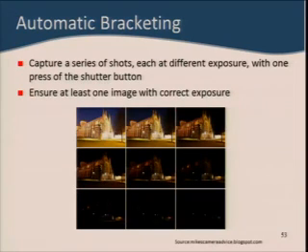Sometimes you may feel uncomfortable, because you do not know exactly what kind of exposure you are trying to get, because sometimes you do not know exactly what you're looking for. Then what you can do is choose one feature called automatic bracketing.